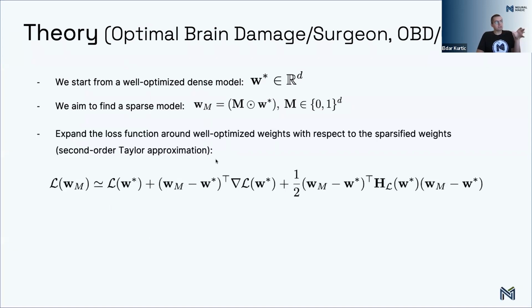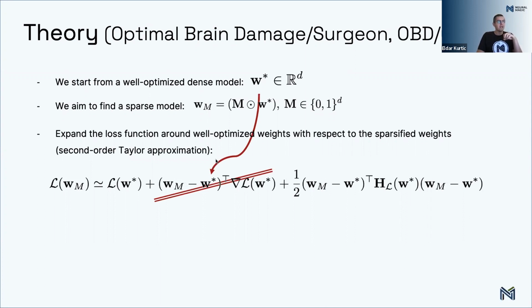The approach starts by expanding the loss function around these well-optimized weights with respect to the sparsified weights. This is the standard second-order Taylor approximation that we can apply. The first thing we can observe here is that, given that we are starting from a well-optimized dense model, we can drop the first-order term because the gradients are close to 0. This is a safe approximation.